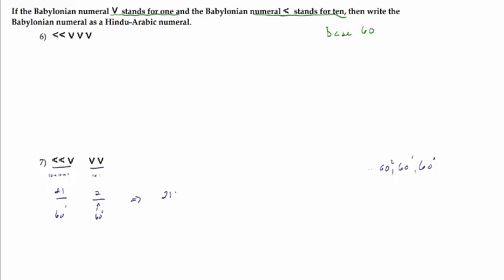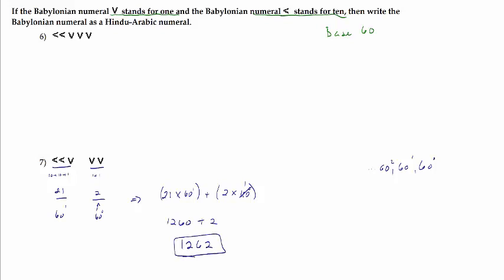So I have 21 times 60 to the first plus 2 times 60 to the 0. Remember, anything to the 0 power is going to be a 1. So 21 times 60, I get 1,260. And then 2 times 1 is 2. So this number is going to be 1,262.